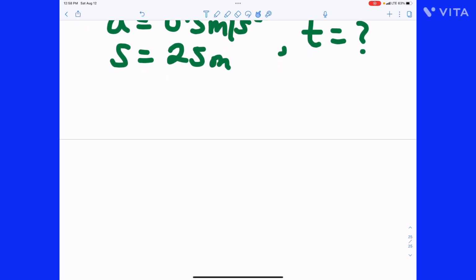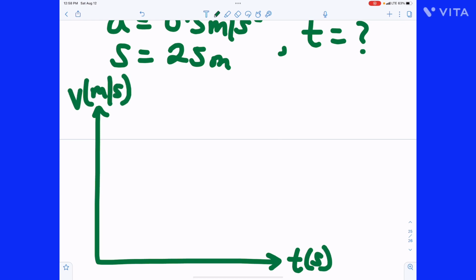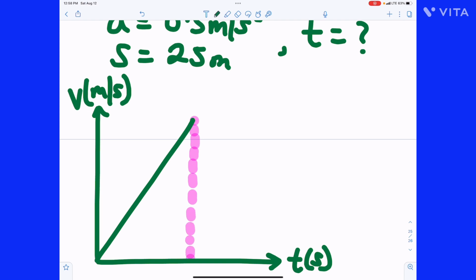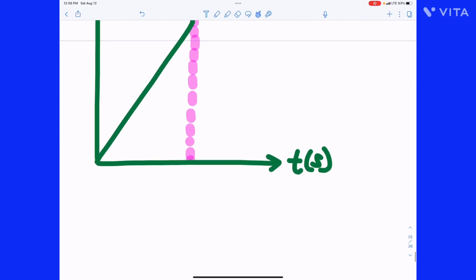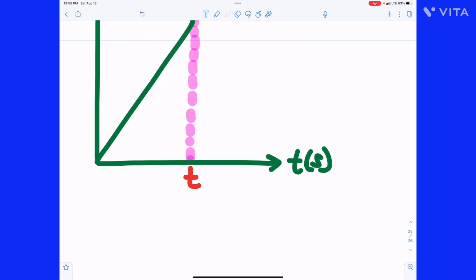If I was to draw a graph for this motion, my graph would look like this. Time in seconds, velocity in meters per second. It accelerated from rest. We need the time taken to cover a distance of 25 meters.